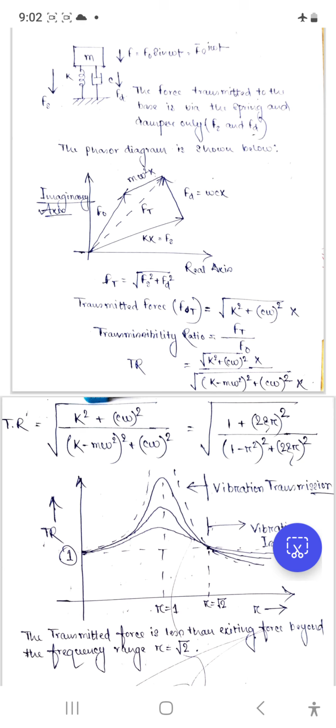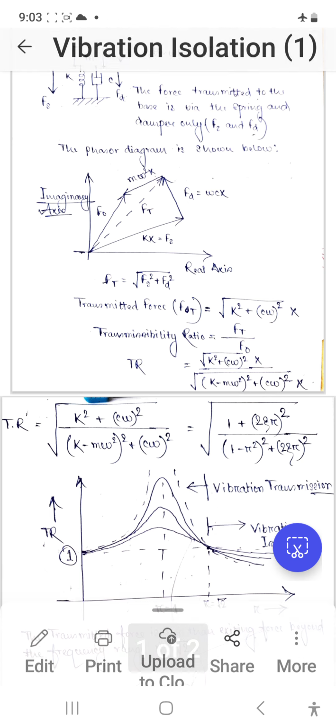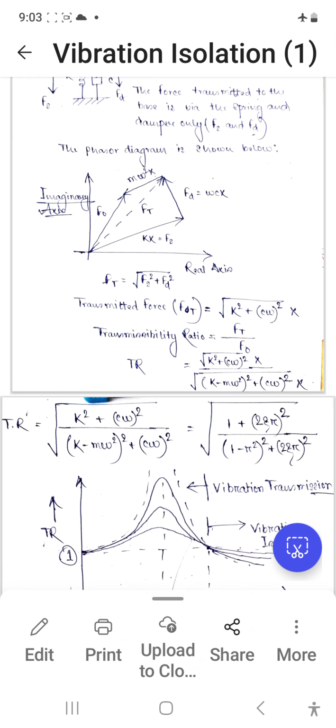If r equal to 0, then the transmissibility ratio is coming as 1. So at r equal to 0, this is 1, and from this point all the graphs are starting. It will gradually increase, and the maximum value for the undamped one will be infinite.